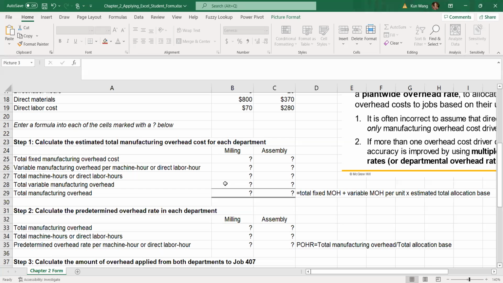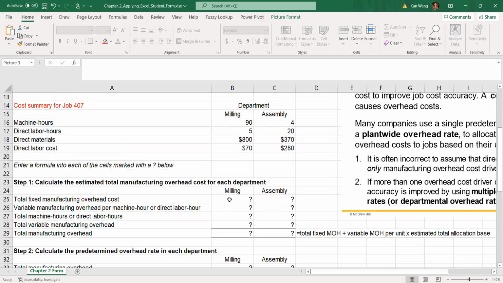The question requires you to put the right formula for the cells with the question mark. So the more important thing, be careful: you don't just put the number, you need to actually put the formula and use the formula to get the numbers you want, rather than, oh, I finished on my paper and copy this number in the cell. That's not right, and that wouldn't give you a point.